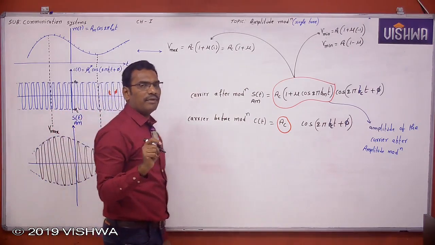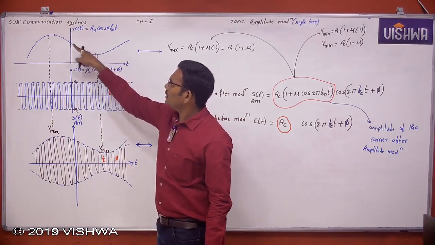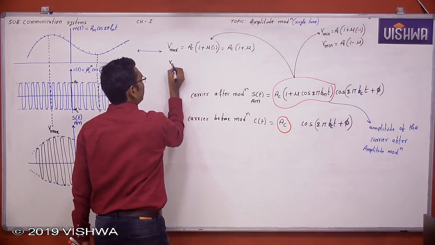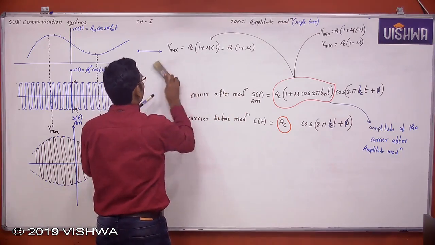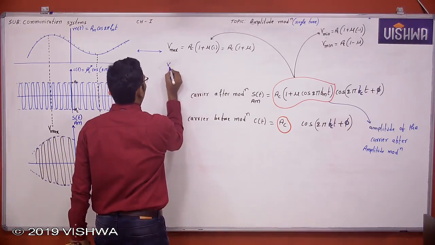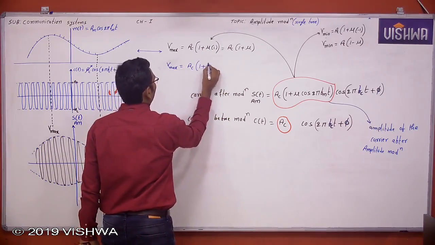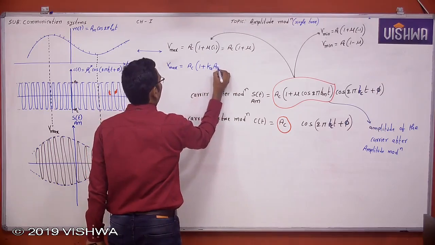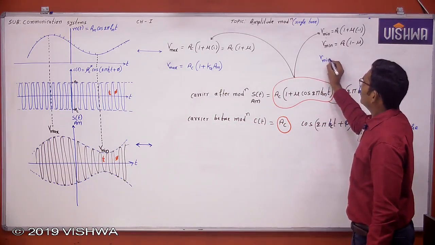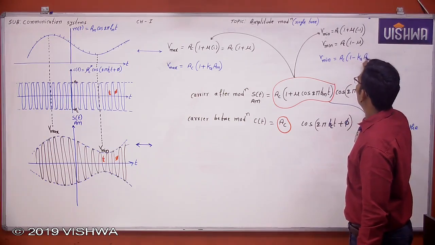Each and every amplitude of the carrier after AM modulation continuously depends upon the amplitude of the message signal, because here mu is nothing but K into AM. What is V maximum? V maximum is equal to AC into 1 plus mu. What is mu? K into AM. What is V minimum? V minimum is AC into 1 minus mu. What is mu? Mu is equal to K into AM.